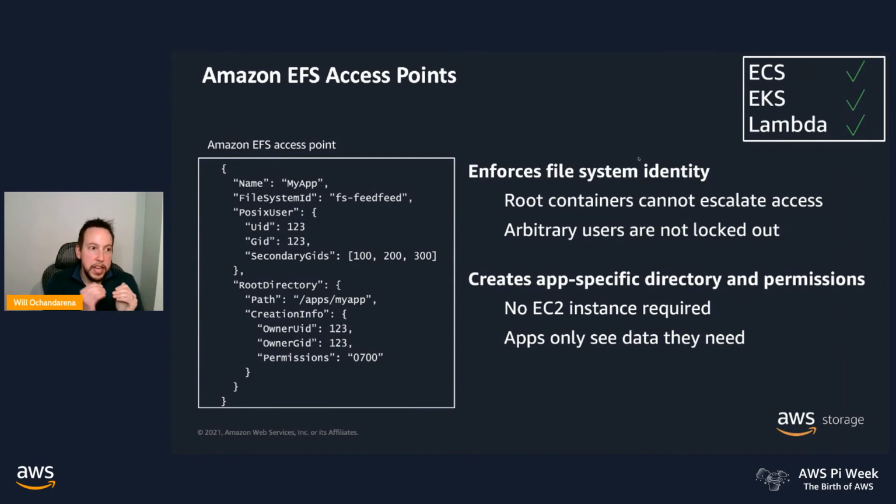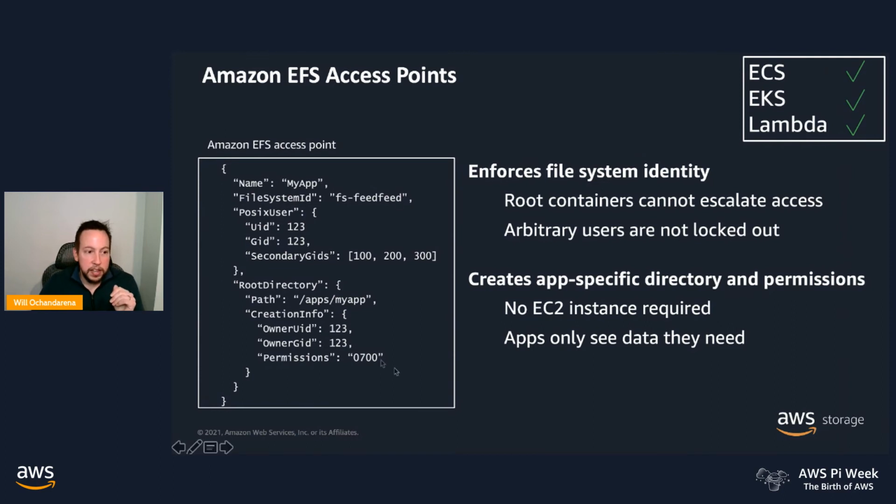Next, the access point can root that application to a directory other than the file system root. So this allows you to create a private space for each application within the file system, or at least make sure that the application isn't coming in to see data where they shouldn't be.